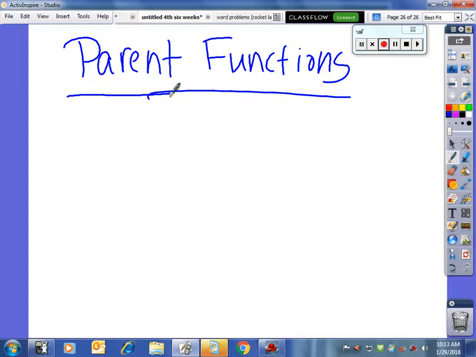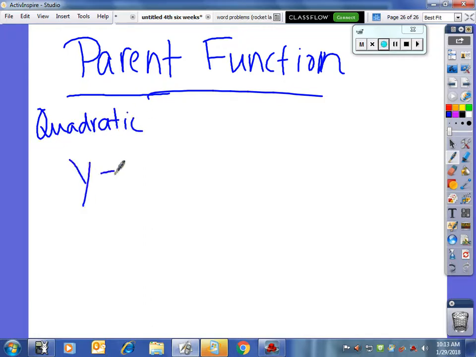The parent function, we're just looking at a parabola today, not more than one. The parent function for a parabola, for a quadratic, is y equals x squared. Usually it's the most simple, basic parabola you could make.